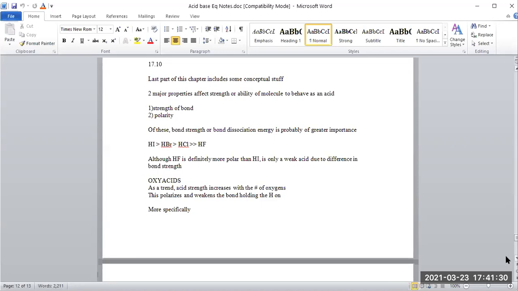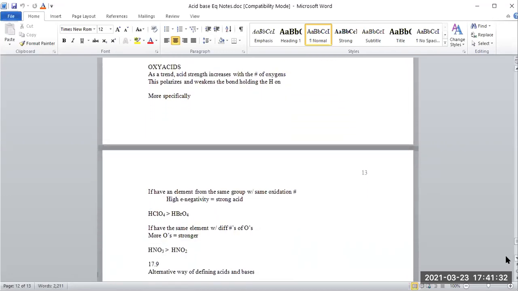The other piece to this puzzle is the oxy acids. More oxygens gives you more polarity and makes it easier for your hydrogen to fall off. Also, back to the electronegativity thing.